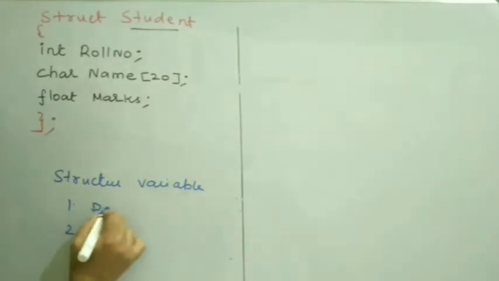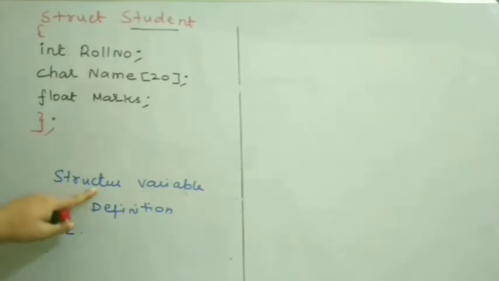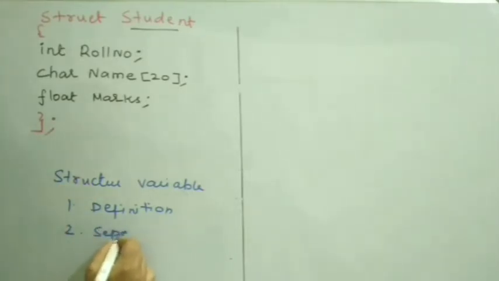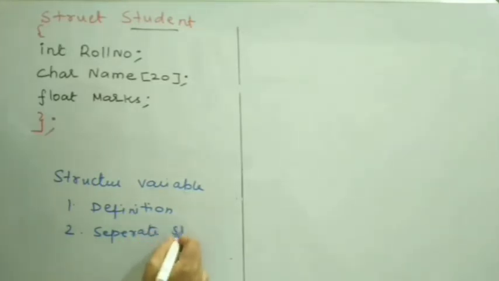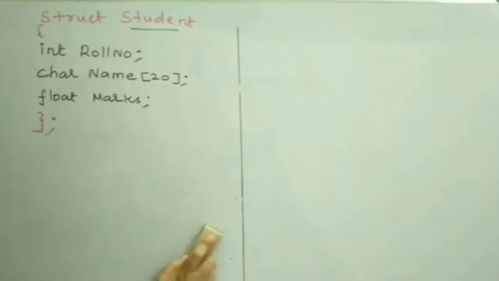One is during the definition of the structure itself, or else as a separate statement. That is, a structure variable can be declared during the definition of the structure or as a separate statement.